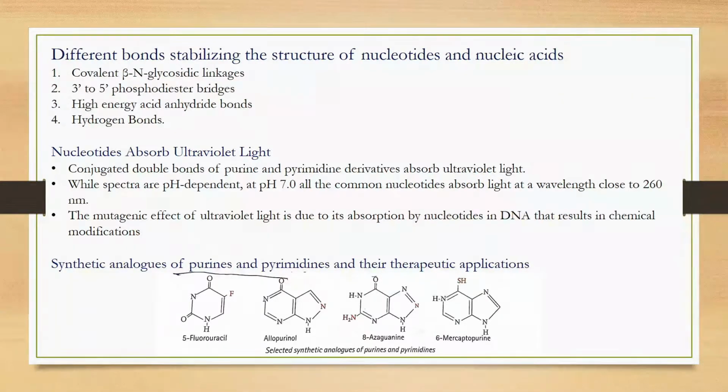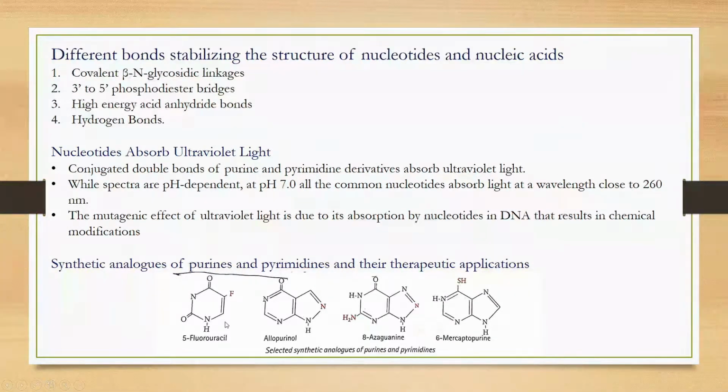The mechanism of their therapeutic effects includes the inhibition of enzymes essential for the synthesis of nucleic acids, or their incorporation into nucleic acids and disrupting their structure. You see allopurinol, which is used in the treatment of hyperuricemia and gout.